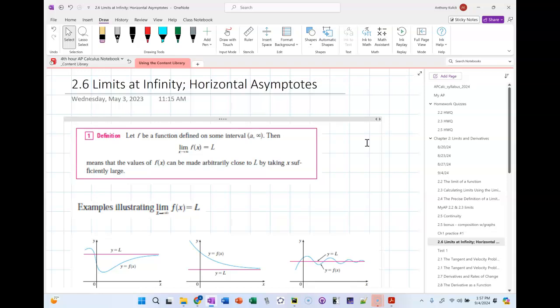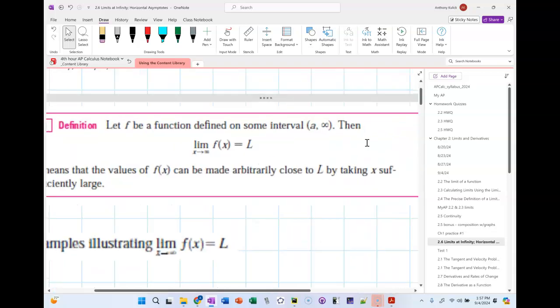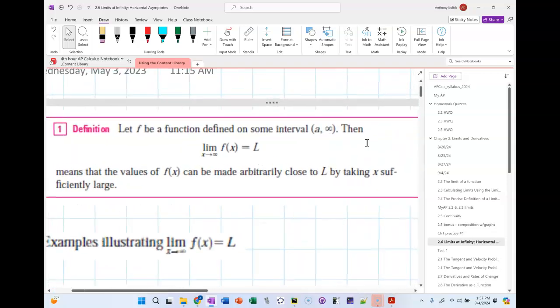So the first thing we're going to do is define the idea of a limit at infinity. So here we have the limit as x approaches infinity of f of x equal to L. This is a limit at infinity because x is going to an infinity.